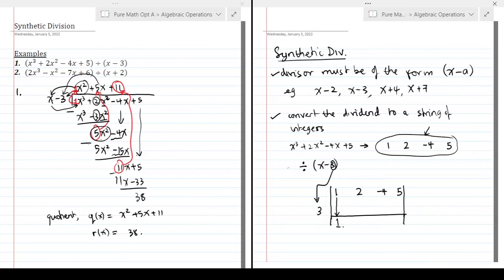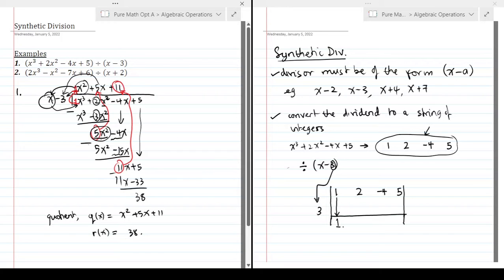In other words, although we are doing division, the division step is actually not necessary, because whenever we do division, we are just dividing by x alone. So you take 1x cubed divided by x, you get 1x squared. You take 5x squared divided by x, you get 5x. So the division is not necessary.